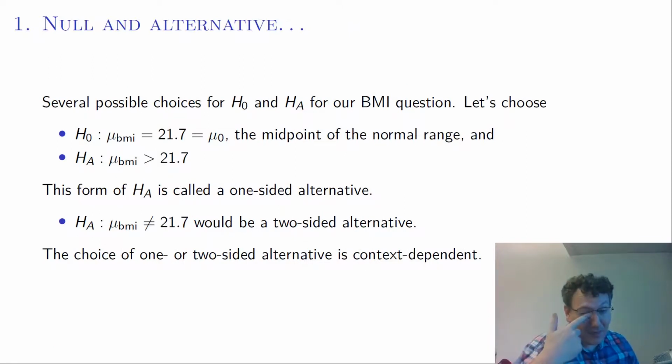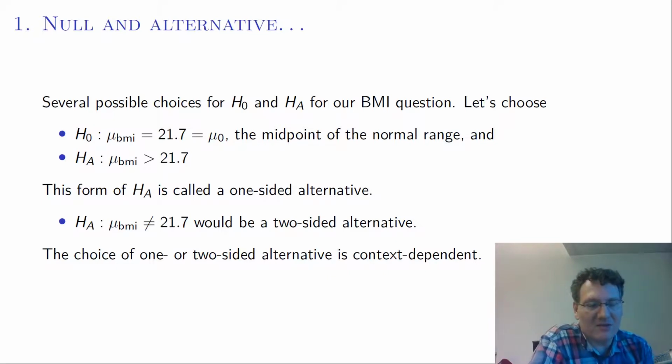So, for example, we could look at the null hypothesis that the mean BMI is 21.7. That's the midpoint of the normal range. And then the alternative is that the mean BMI is greater than 21.7. So the value that we're putting in for the null hypothesis we could call mu naught.